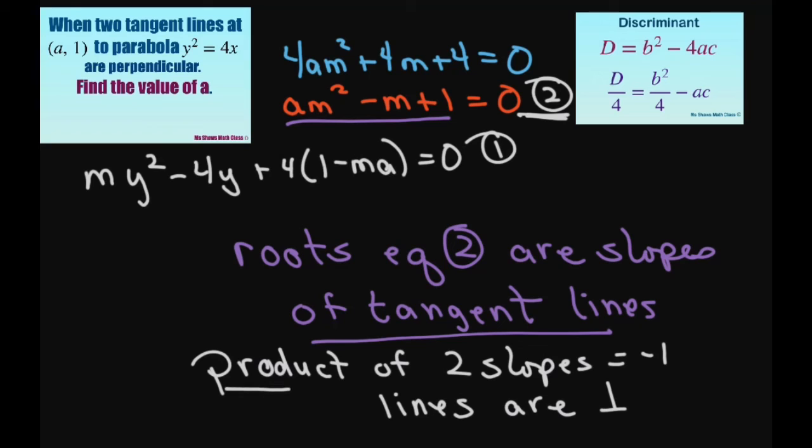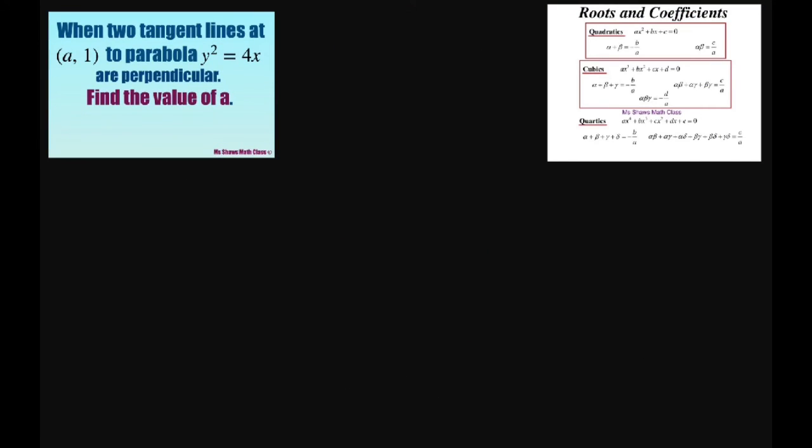So using the product of our roots, by the relationship between roots and coefficients, let me write it out again. We have am squared minus m plus 1 equals 0.